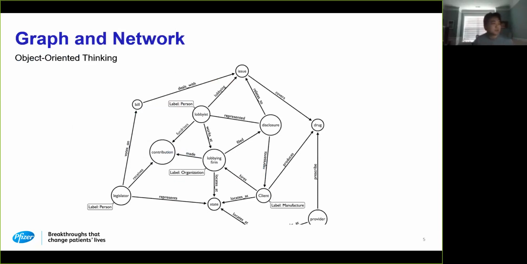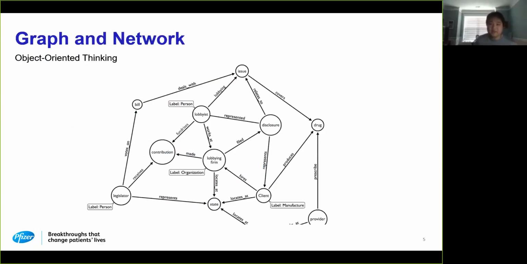One particular example I give you here is how politics in Washington is connected with lobbyists and contributions, client, state, legislator, bill, issue. I'm sure some of you are familiar with the design of graphs, but I'm not sure how familiar you are with mapping this data into actual graph objects in databases.